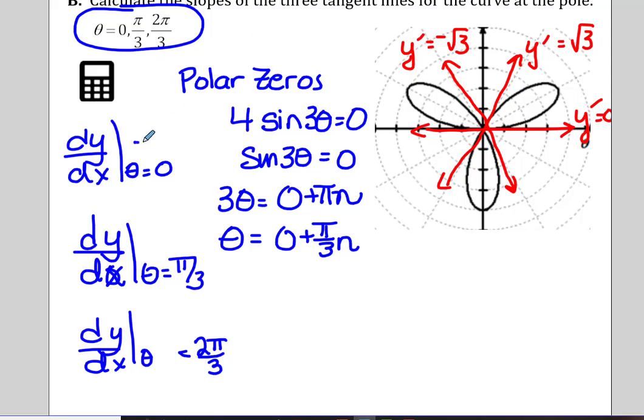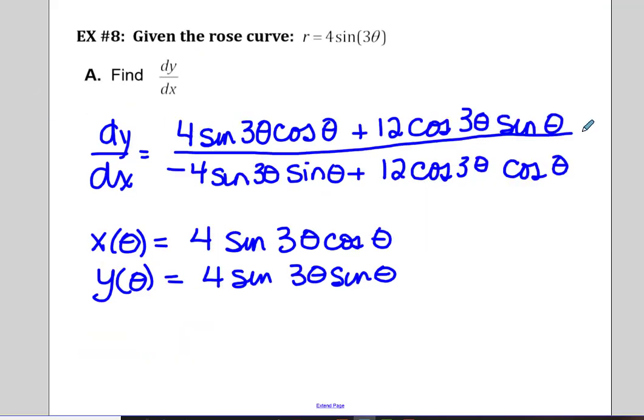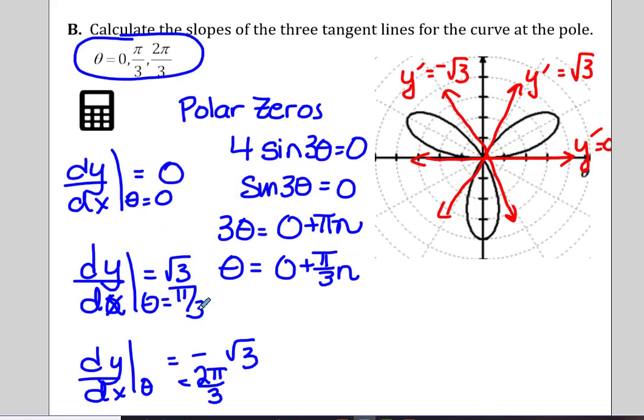So in each particular case, this one is 0, this one is radical 3, and this one is negative radical 3. And just to save time, if we substitute it in here and substitute it in here, you would find those values there.